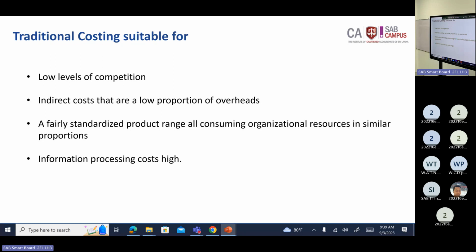Activity-based costing will give you more accurate overhead cost allocation for the cost unit, so that will enable you to get a more accurate total cost per product. That will enable more accurate pricing of the product. But activity-based costing requires relatively more time and more cost than traditional absorption costing. In that context, it says the traditional costing is suitable when you have less competition. Why is that?